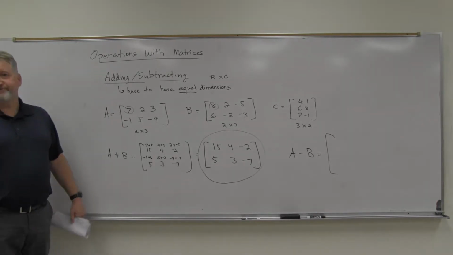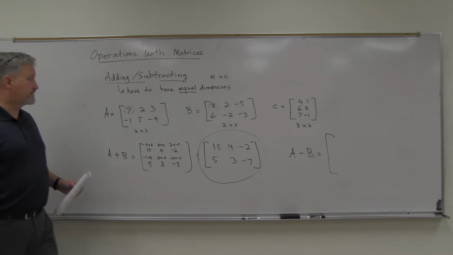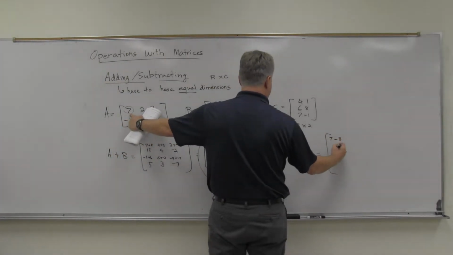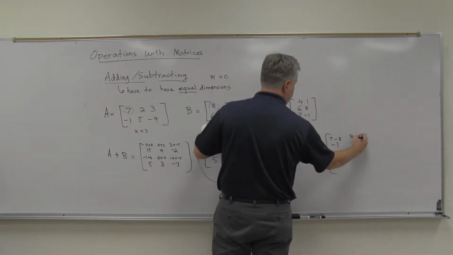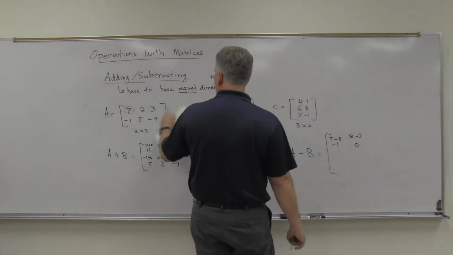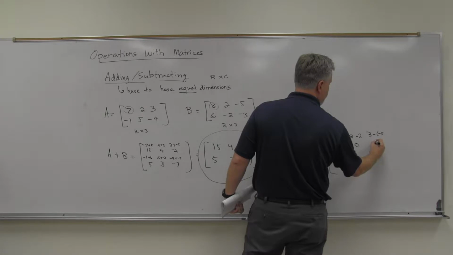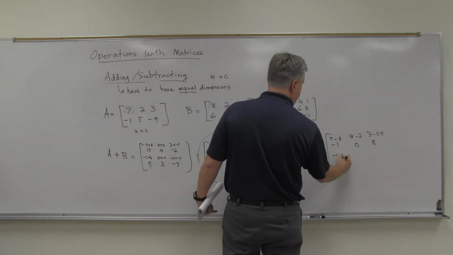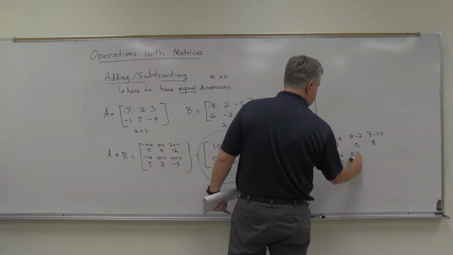What about subtraction? Same thing, except you subtract the A entry minus the B entry. So that would be 7 minus 8, negative 1 for the first one. Then we'd have 2 minus 2, so that'd be 0 for the second one. Then 3 minus negative 5, that would be 8. And then negative 1 minus 6 is negative 7. 5 minus negative 2 should be 7.